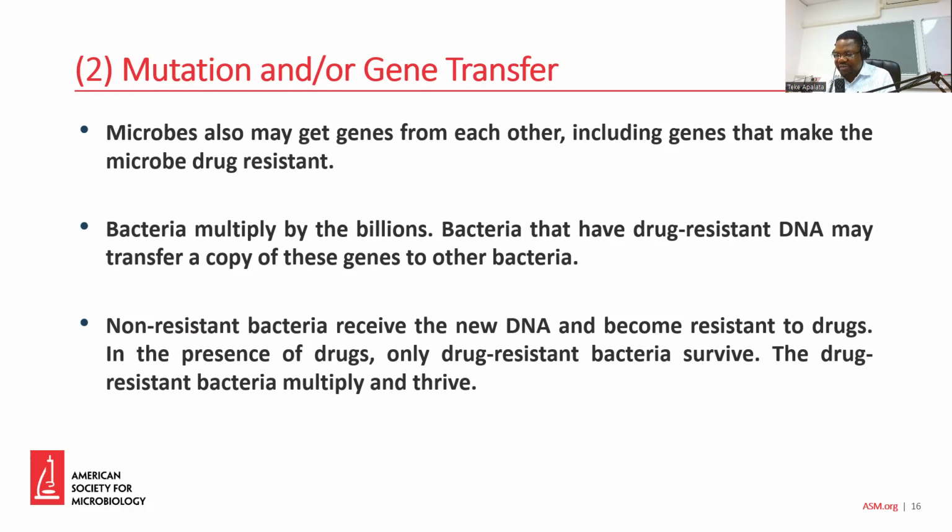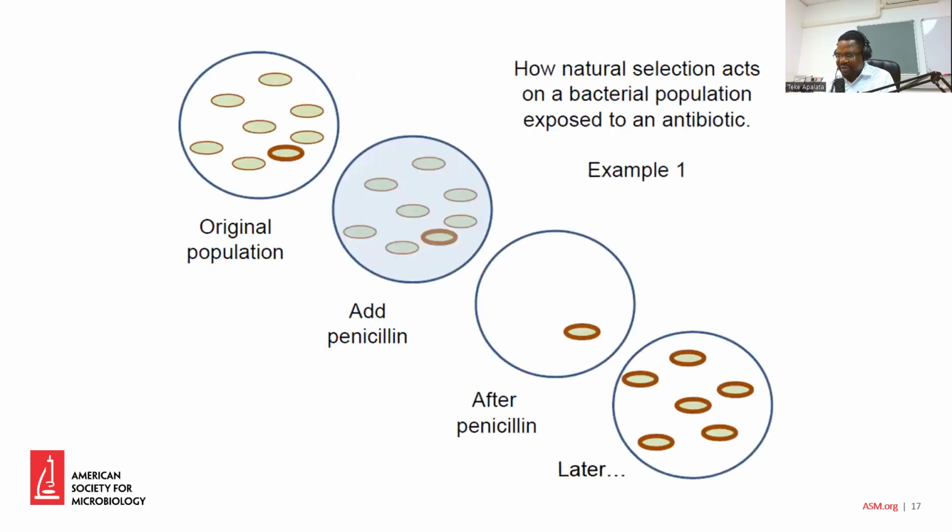Non-resistant bacteria will then receive the new gene, the new DNA that has been mutated, and become resistant to the drugs used. So in the presence of antibiotics, only drug-resistant bacteria will survive, multiply, and continue to thrive.